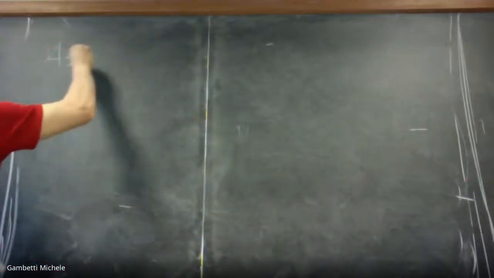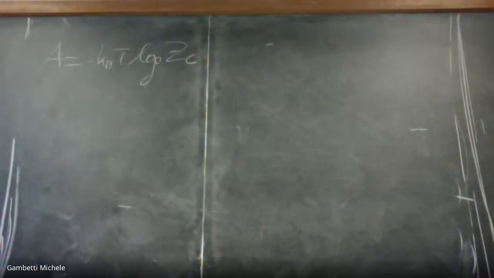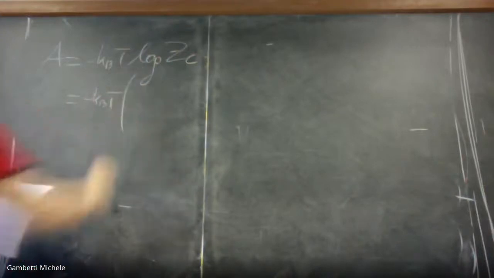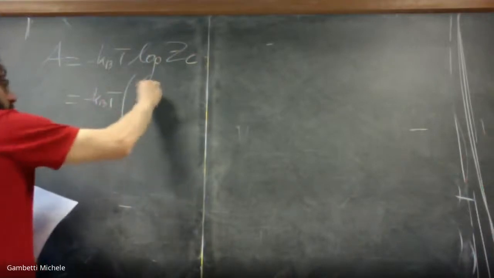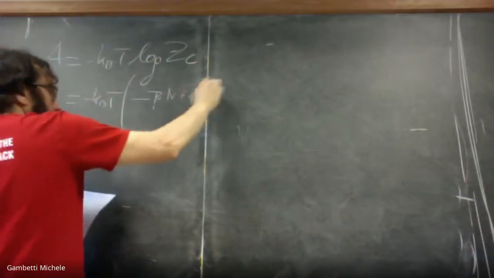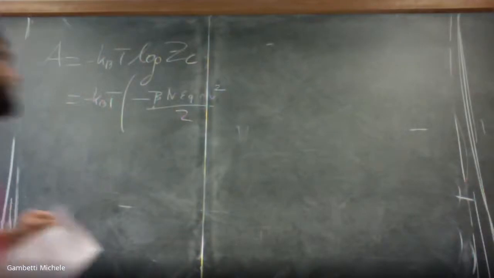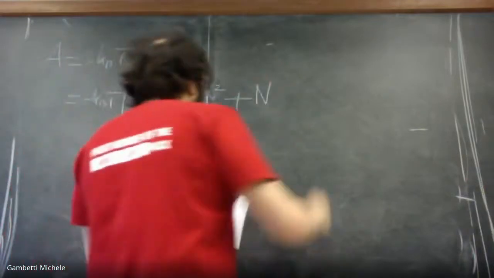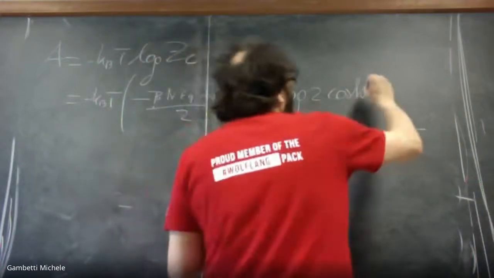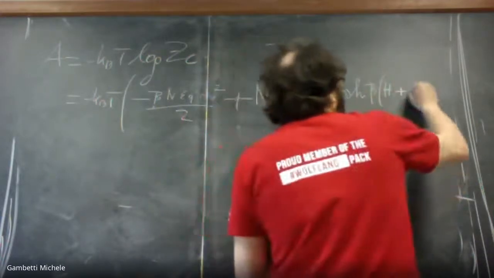A is minus kB T log of Z canonical, which in this case is minus kB T. Then the first exponential provides a contribution which is minus beta n epsilon q m squared divided by 2, plus n times the log of 2 hyperbolic cosine of beta h effective, where h effective is h plus epsilon q m.